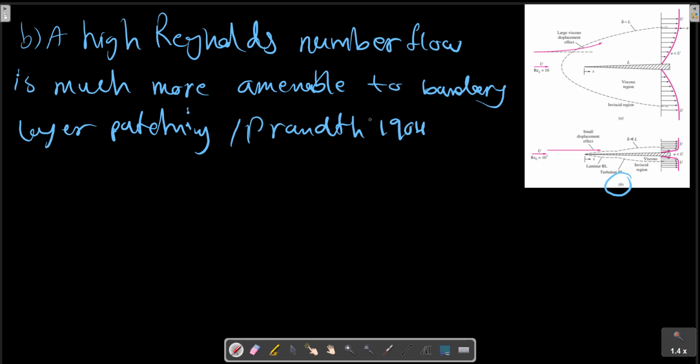The viscous layers, either laminar or turbulent, are very thin, thinner even than the drawing shows.